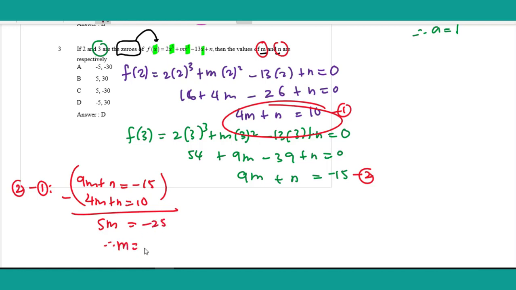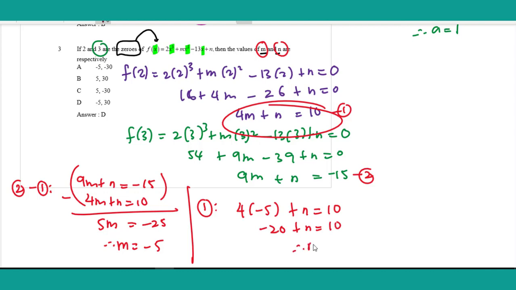Therefore, m is equal to negative 5. Then substitute into equation 1: 4 times negative 5 plus n equals 10. So negative 20 plus n is equal to 10. Therefore, n is equal to 30. So the answer is negative 5 and 30.